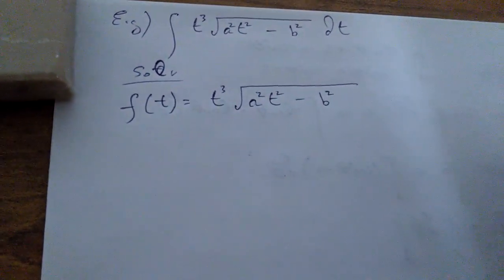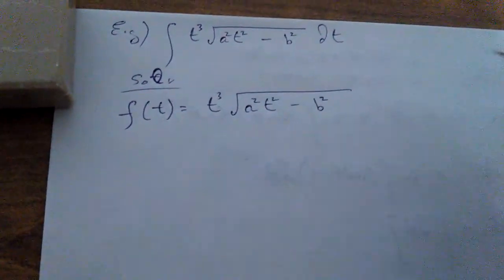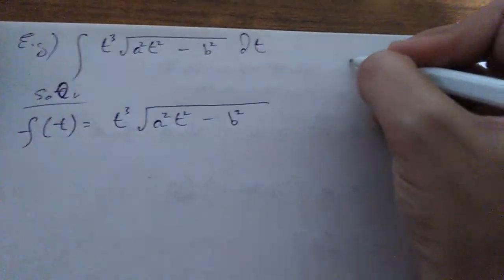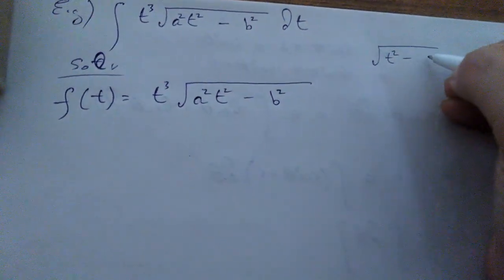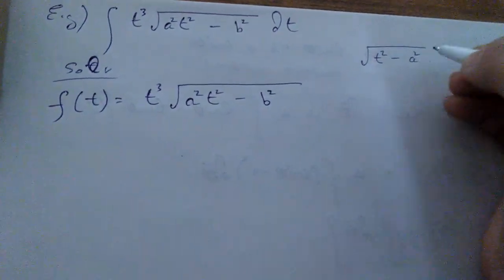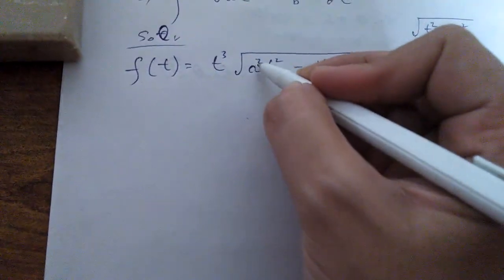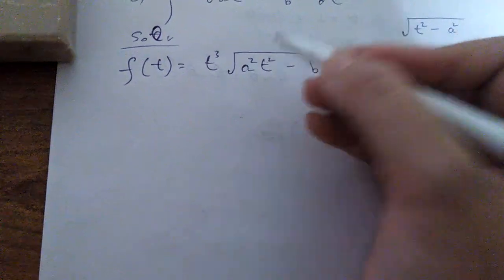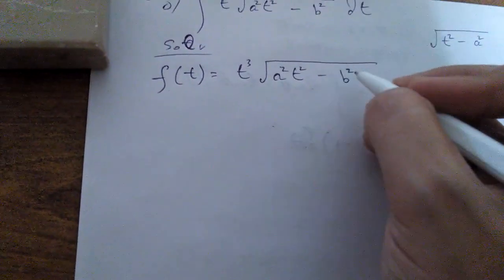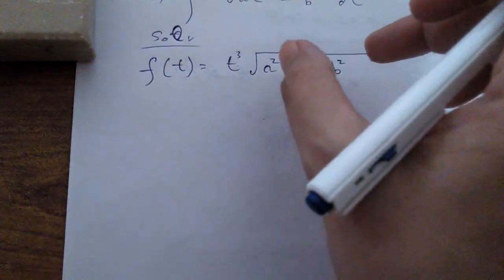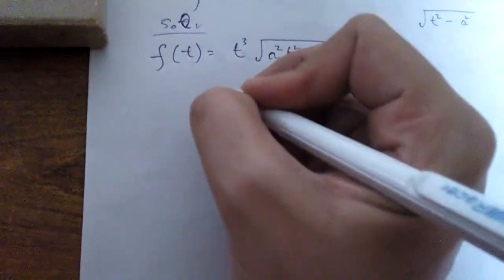You just replace your t by some constant times sec theta, only if it is of this type. But over here, along with the t, you have another constant getting multiplied with it. How are you going to get rid of it? For that purpose, we are going to do some adjustment inside the radical, or in the integrand actually.